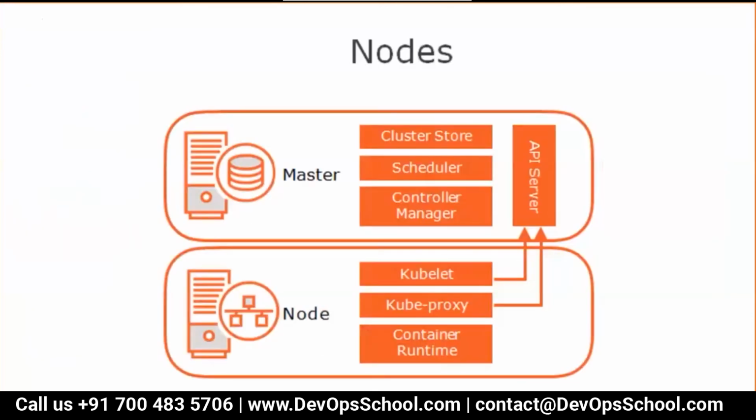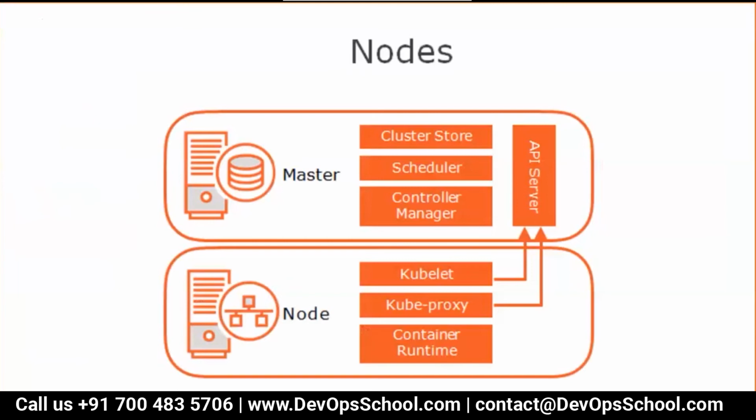Look at this here, the intra-node communications. Kubelet talks to the API server. Kube-proxy also talks to the API server. And within the master, whatever we discussed, we have already completed. So you can understand this.